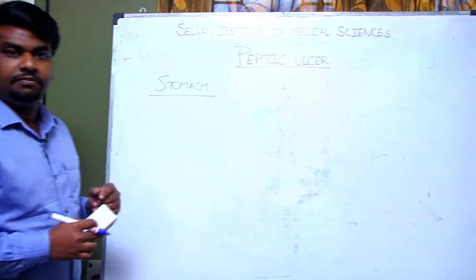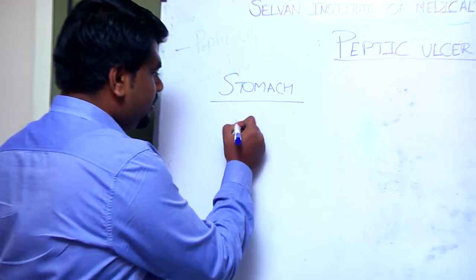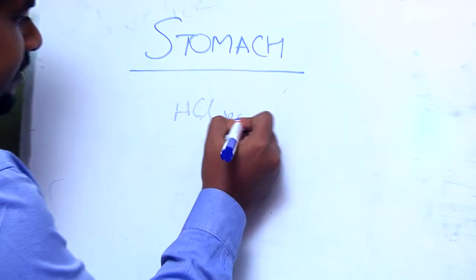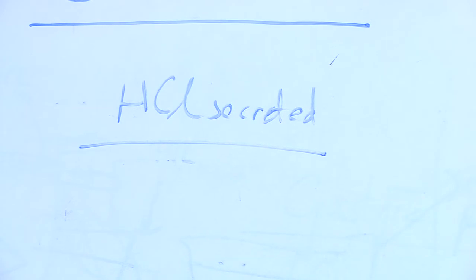How we overcome this is what we are going to see. But before that, how is HCl secreted? Only if we know the secretion of HCl will we be able to learn about the treatment and how the various disorders cause the peptic ulcer. Without knowing how HCl is secreted, we will not be able to study the treatment of peptic ulcer.